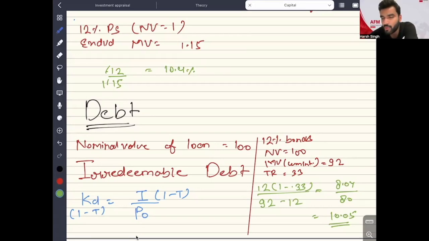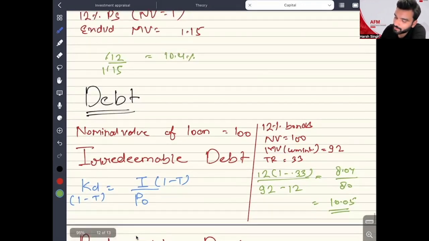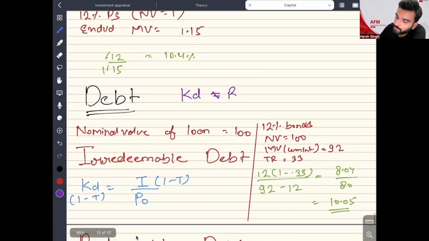Now, cost of equity, guys, listen. Cost of equity is always equal to return on equity. But cost of debt, remember this line, cost of debt is not equal to return on debt, whereas cost of equity is equal to return on equity.